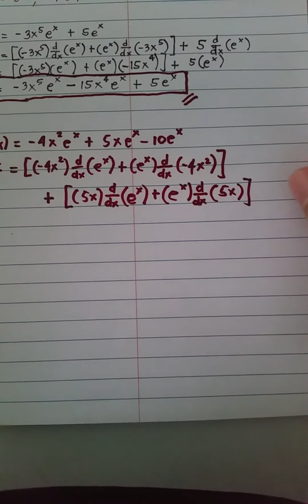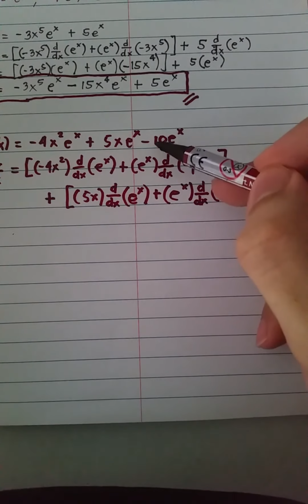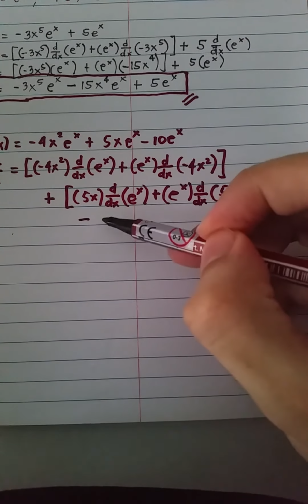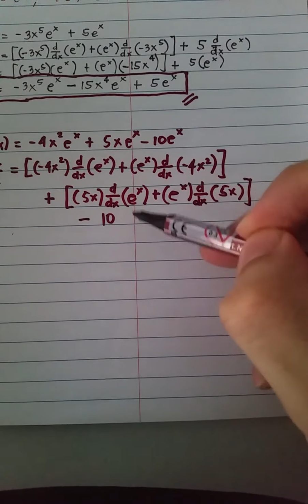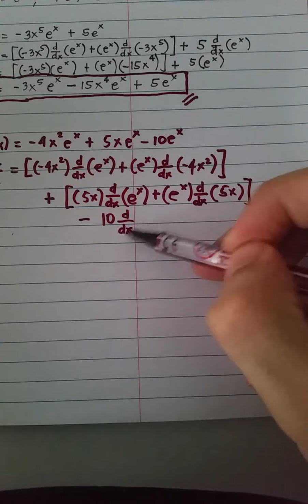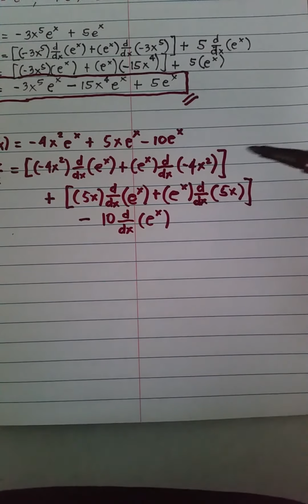Just follow the procedure and you'll get the hang of it. And then we have negative 10e, so this is minus 10 times the derivative of e to the x.